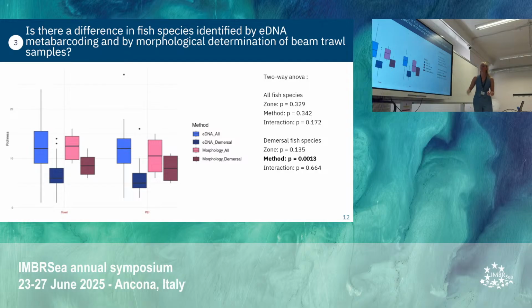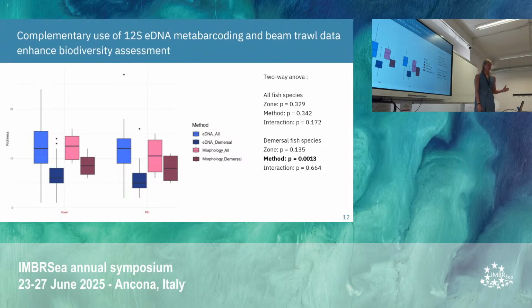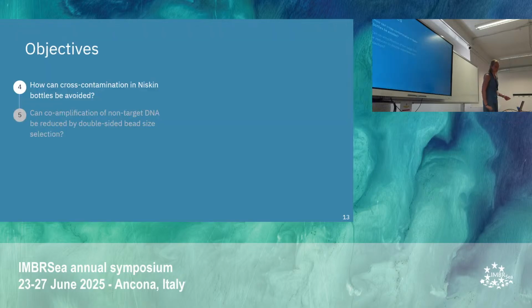So this was also confirmed by a two-way ANOVA. So with this we can conclude that a complementary use of your 12S eDNA metabarcoding and beam trawl data will enhance your overall biodiversity assessment, since morphology was still very effective for your demersal species, but eDNA could detect a broader range of taxa, including the rare and pelagic species, as I mentioned earlier.